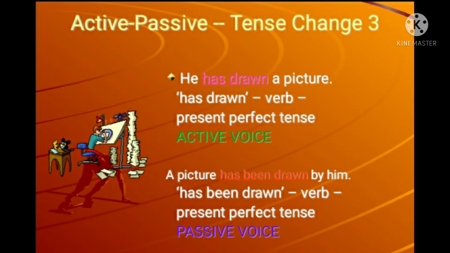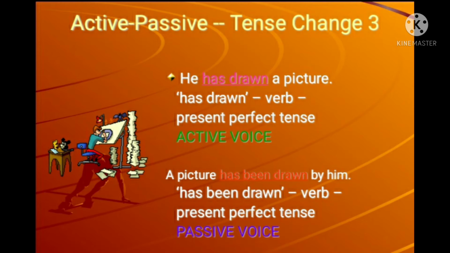The third change, let us understand. He has drawn a picture. What is a verb here? Has drawn. So it is in the present perfect tense. So what will be in the passive form? A picture has been drawn by him.